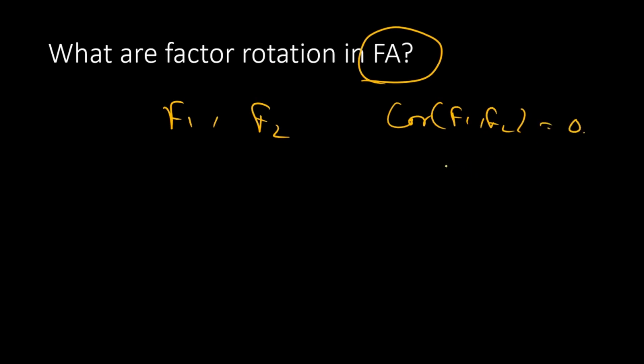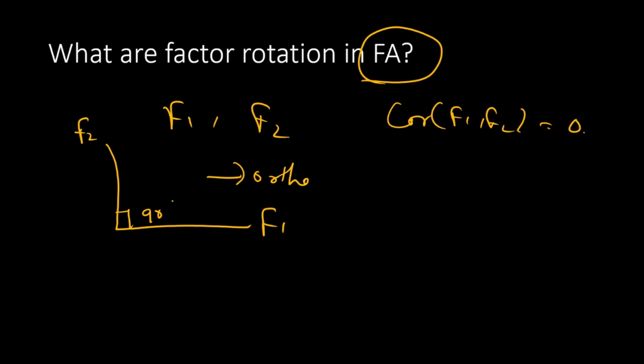Two variables or two series have 0 correlation when they are perpendicular to each other. So this is factor 1 and this is factor 2, right? So this is perpendicular. That means they are orthogonal in nature. In that case, the correlation between factor 1 and factor 2 is 0.